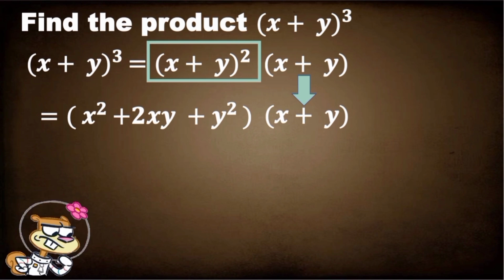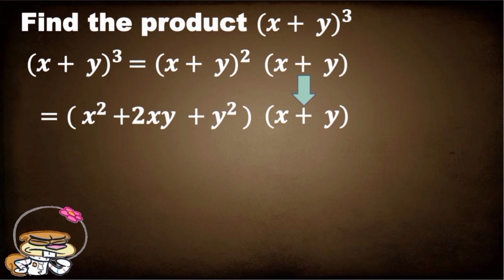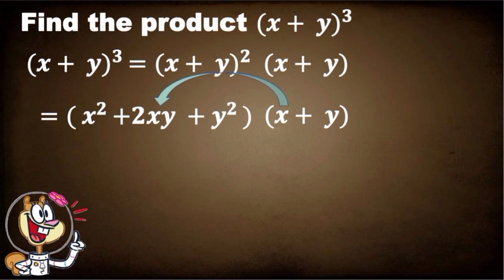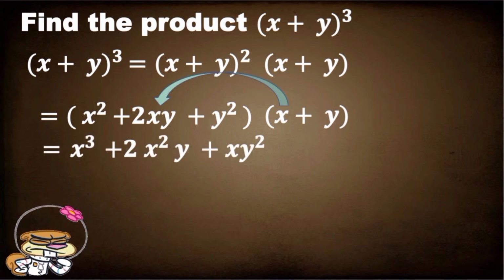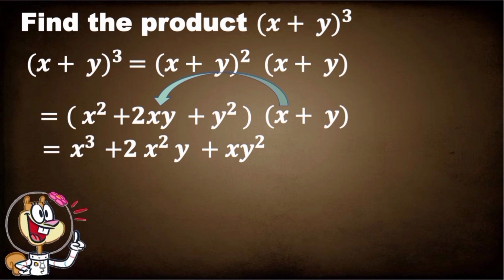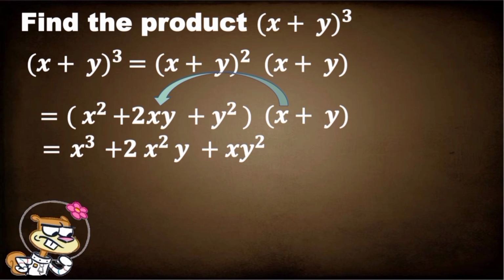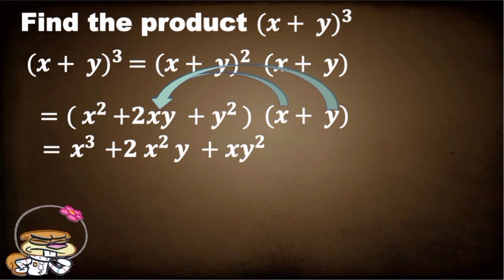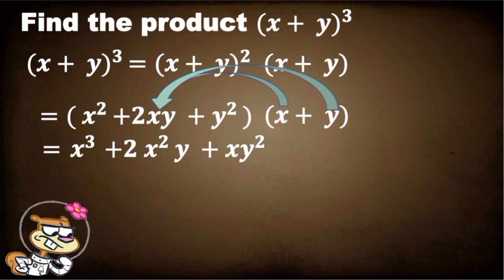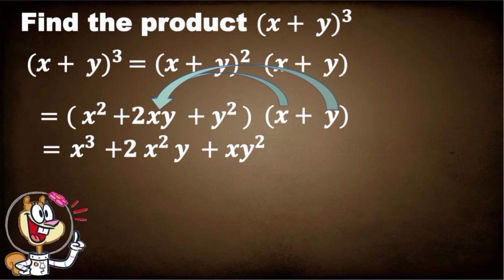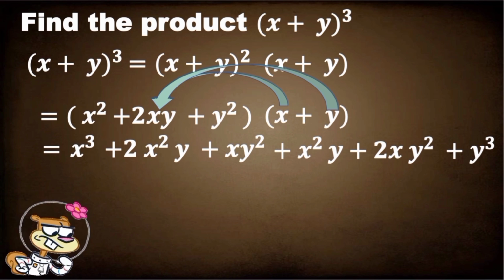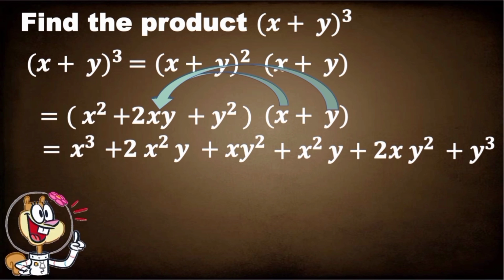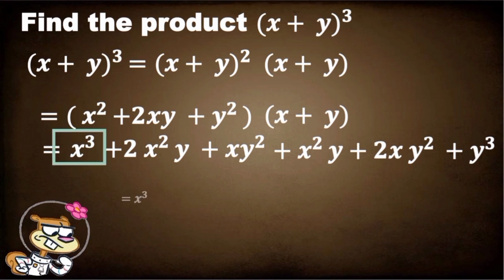Now to multiply these terms, use the distributive property. x multiplied by x squared plus 2xy plus y squared: we have x cubed plus 2x squared y plus xy squared. Now let's multiply y by x squared plus 2xy plus y squared. That is x squared y plus 2xy squared plus y cubed. Now we can combine similar terms. First, bring down x cubed.